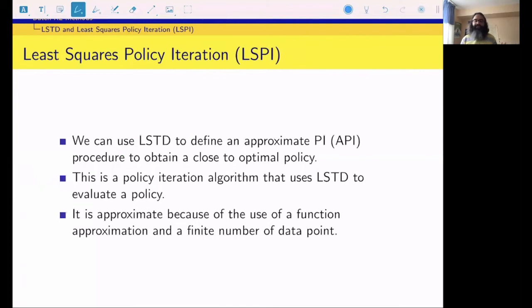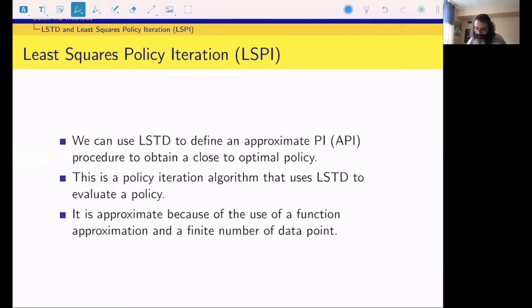Okay, now we have LSTD. This is for policy evaluation. If we have a policy, we can use LSTD to estimate V or Q, and that's the approximation of the policy. But we can also put this policy evaluation step within a policy iteration procedure in order to find a new and potentially better policy, so that we gradually get closer and closer to the optimal policy, or at least approximately.